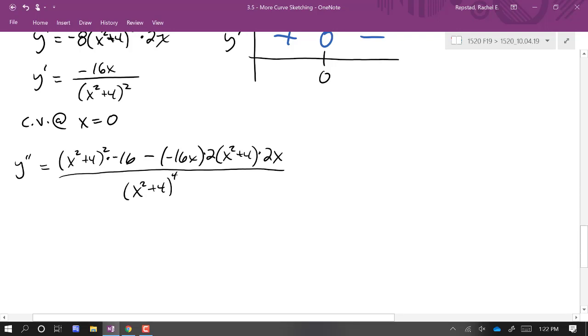Okay. Let's do some simplifying, because here's why we'd love to simplify. I cannot make a sign chart for this right now. It is useless. It does me absolutely no good. So let's simplify. We could take out an x squared plus 4 they have in common and a 16 they have in common.